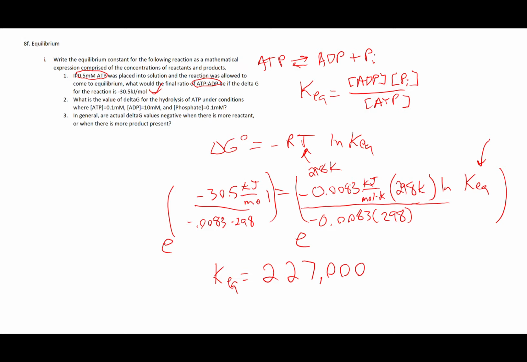All right, so now we're going to kind of combine the very first thing we did in the first part of this multi-part problem with this. So we're going to add in the concentration information in here.